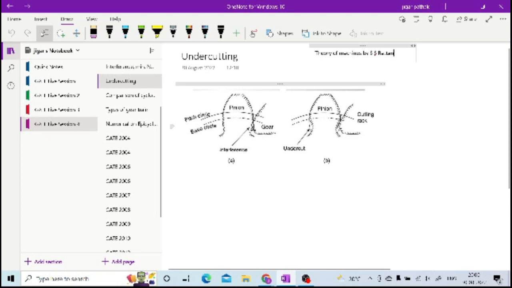So in order to avoid interference, you have to cut it from the base, right? So that is known as undercutting. Sometimes it is very difficult, because when you are having small gear and you go for undercutting, then it becomes weak. So sometimes it is difficult to go for undercutting, but most of the times undercutting is provided to avoid interference.